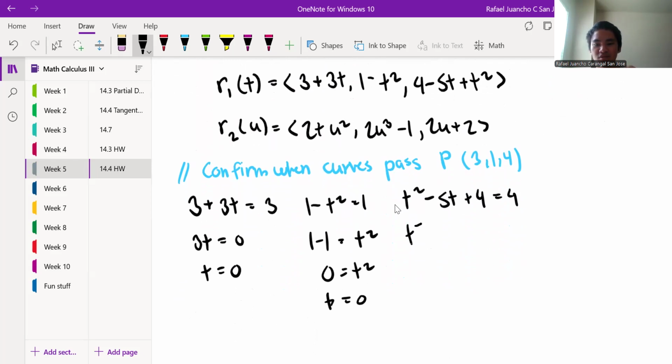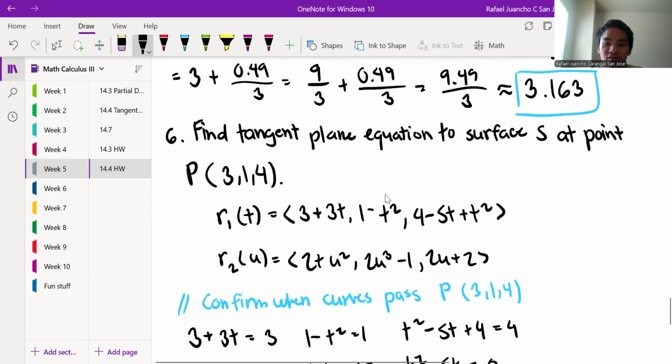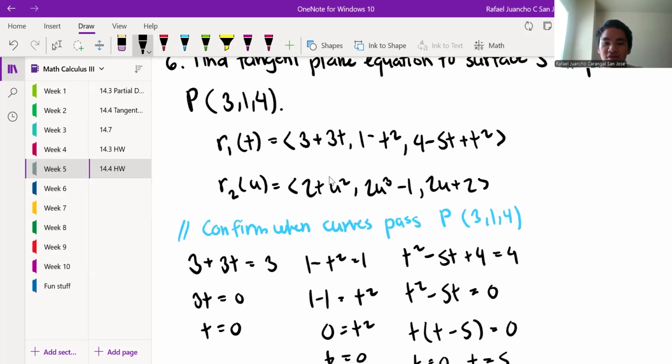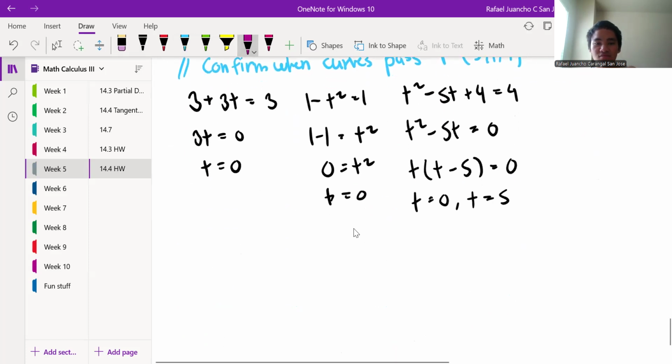Here we can say t squared minus 5t is equal to 0, and then t times t minus 5 is 0, so t is either 0 or t is 5. The common theme that we see here is that t is 0.